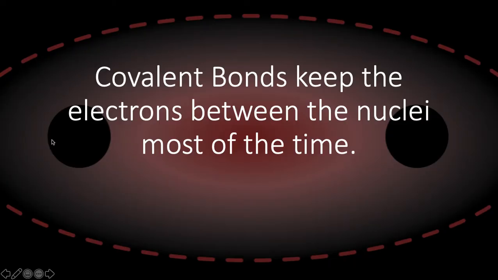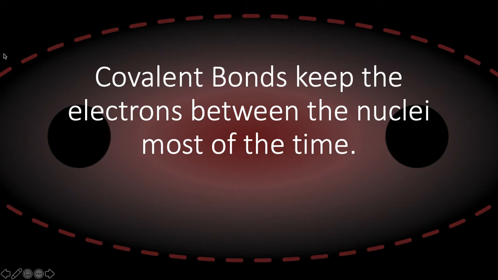So think about if these are my two nuclei and they are covalently bonded to each other. They are sharing some electrons, and these electrons are spending most of their time between these two nuclei of the two elements that are sharing them.